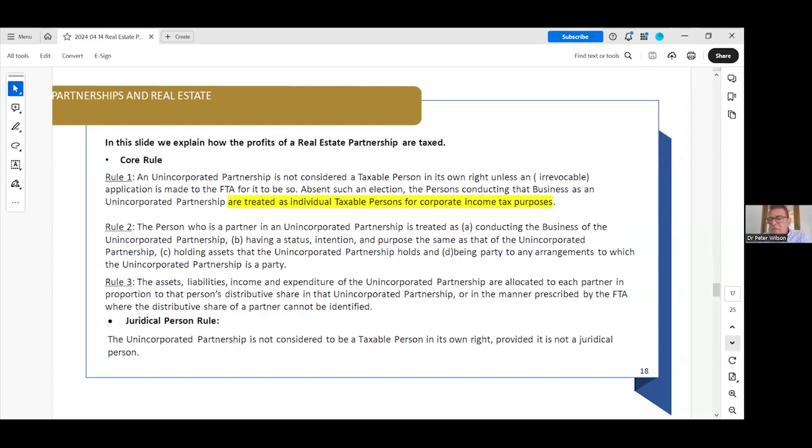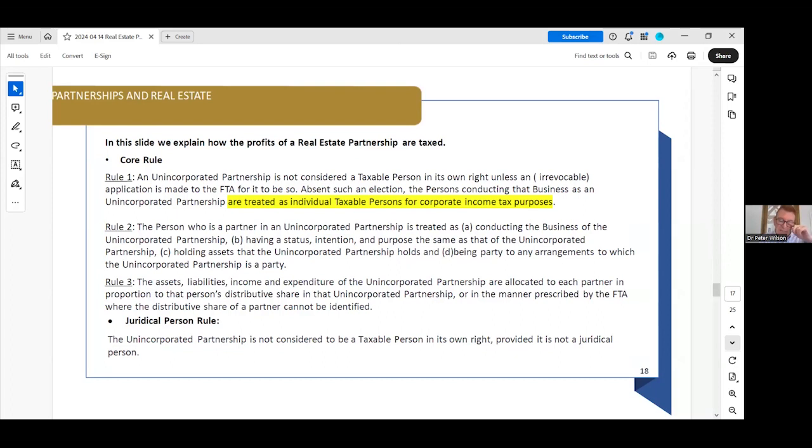can ask me questions. But if the partnership is an unincorporated partnership, then the partnership is treated as if the individual partners are carrying on the real estate business rather than the entity itself, the partnership.